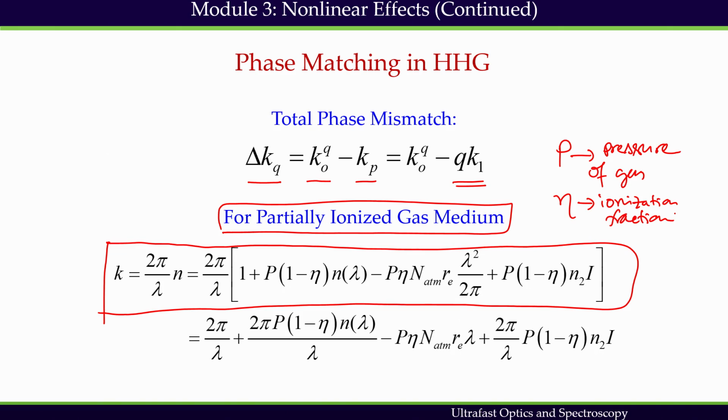N atmospheric is the number density at 1 atmosphere, the number density at 1 atmospheric pressure, and n lambda is the refractive index of neutral atoms.